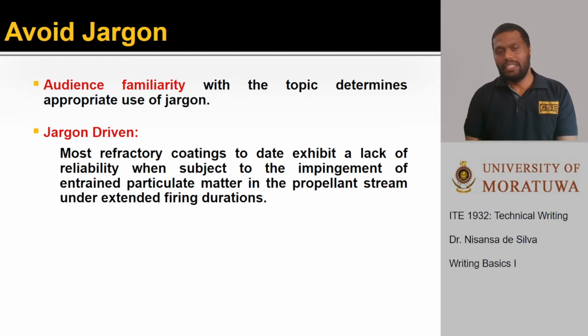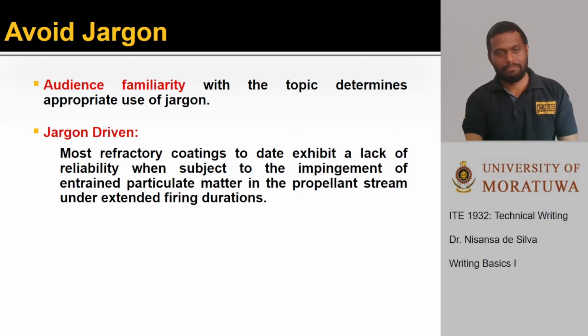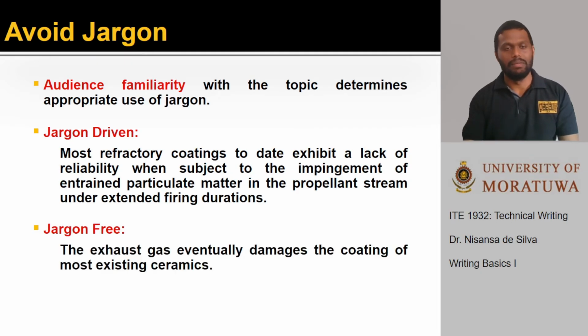A general audience would start to fall asleep or lose interest when it's a string of words that they have never heard before. So if you want to give the same idea out, you use jargon-free language. You can say something like, the exhaust gas eventually damages the coating of most existing ceramics. Simple and to the point, and without jargon.